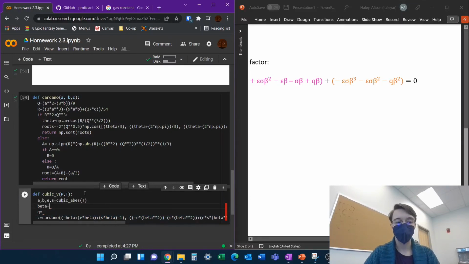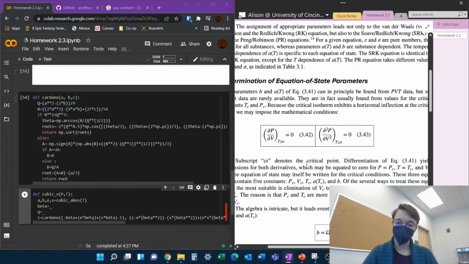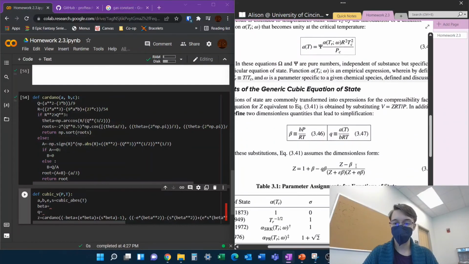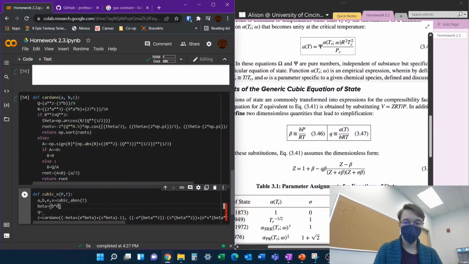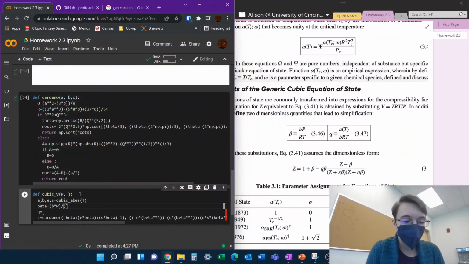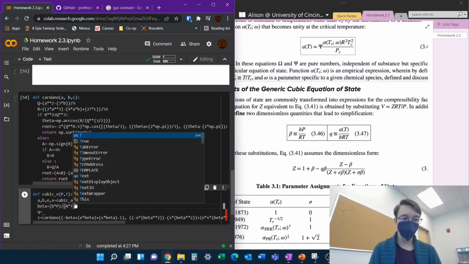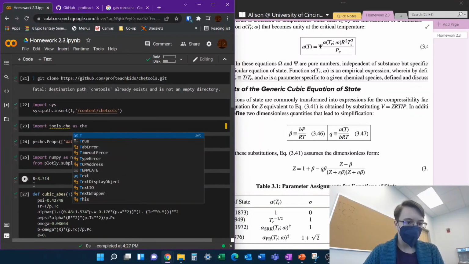So now let's define beta and q. So you'll remember that. Alright, so here's what beta and q are. Beta is equal to B times P divided by the gas constant times the temperature. The gas constant is defined all the way up here at the top.